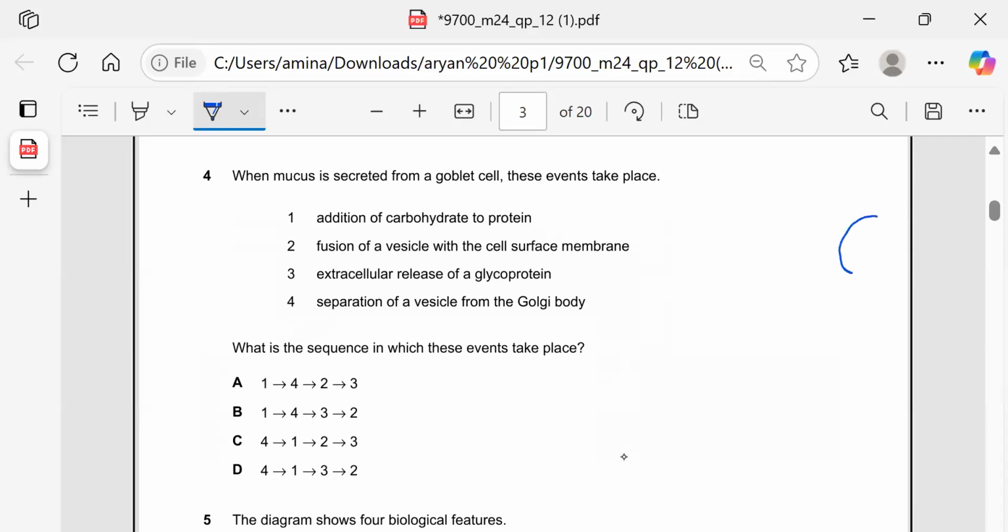This is your nucleus. Messenger RNA comes out of the nucleus, as we are talking about mucus. Mucus is basically a glycoprotein. And I find endoplasmic reticulum. Endoplasmic reticulum synthesizes protein, and small vesicles pinch off from the endoplasmic reticulum.